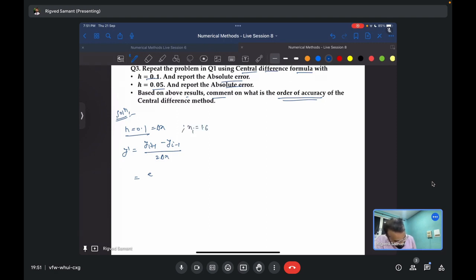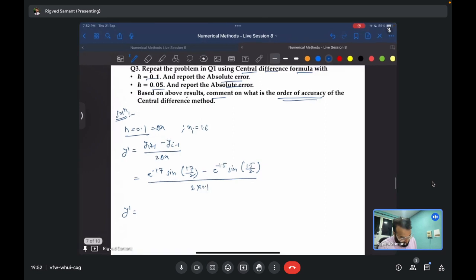So i plus 1 gives sine 1.7 divided by 2 minus e raised to minus 1, sine 1.5 divided by 2, divided by 2 into 0.1. If you calculate y dash for this, you will get the value as minus 0.0742.